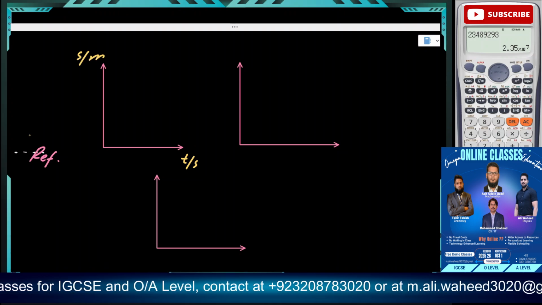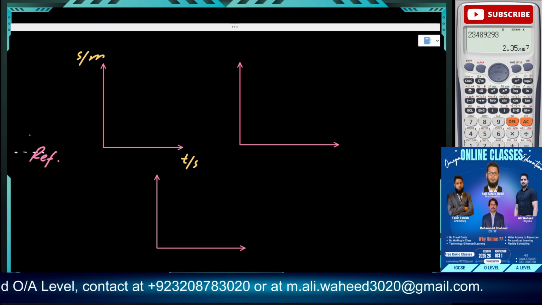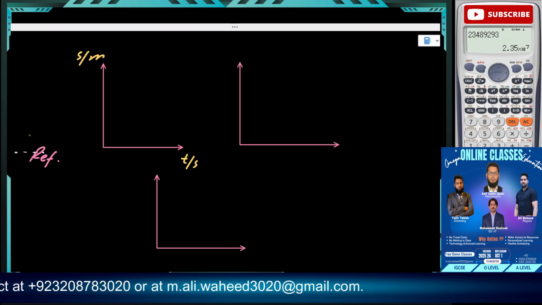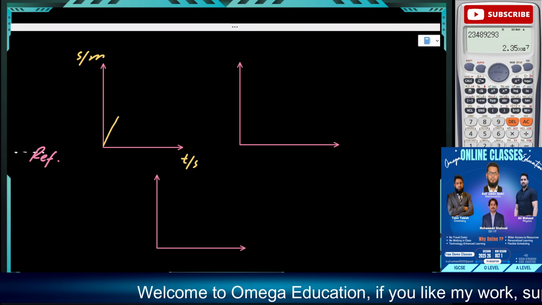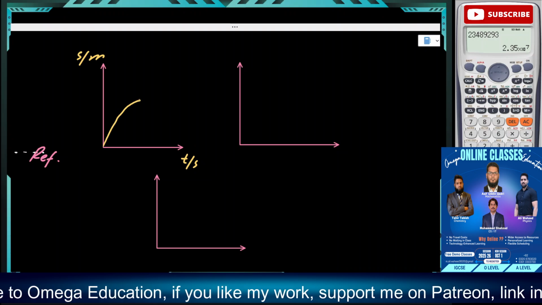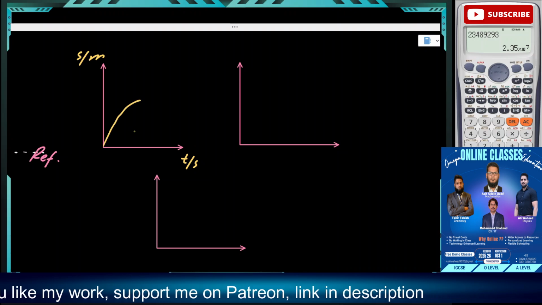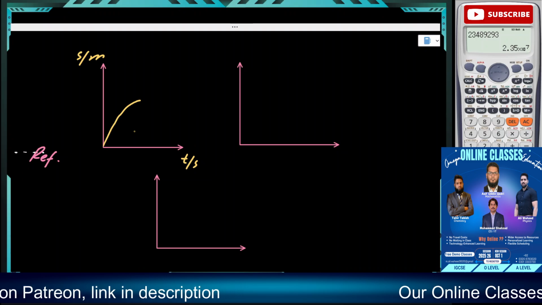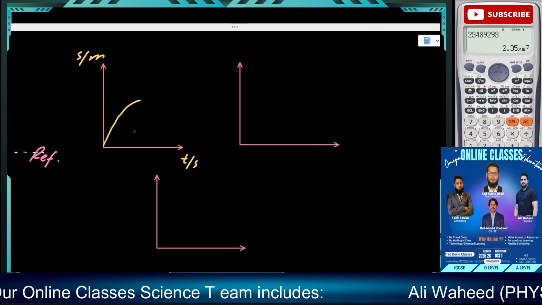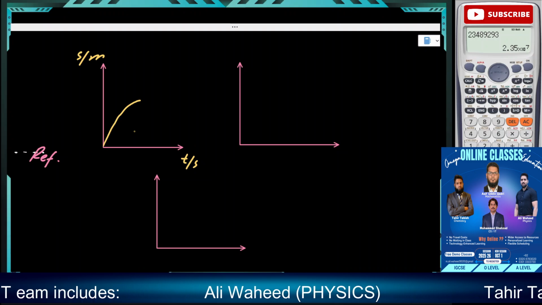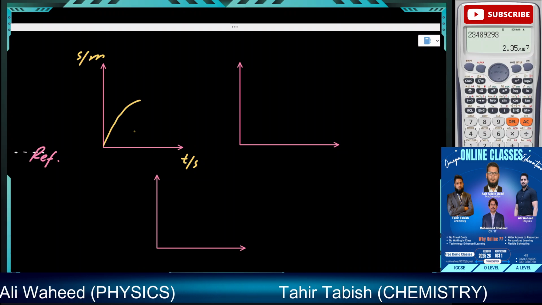Initially, as I move away from the reference point, my displacement increases, and it increases with a positive value. Why is it positive? Because that's my convention. So the displacement increases initially like this in the first half of the motion, when the ball is thrown upward. As the ball reaches the maximum height, it has the maximum displacement.